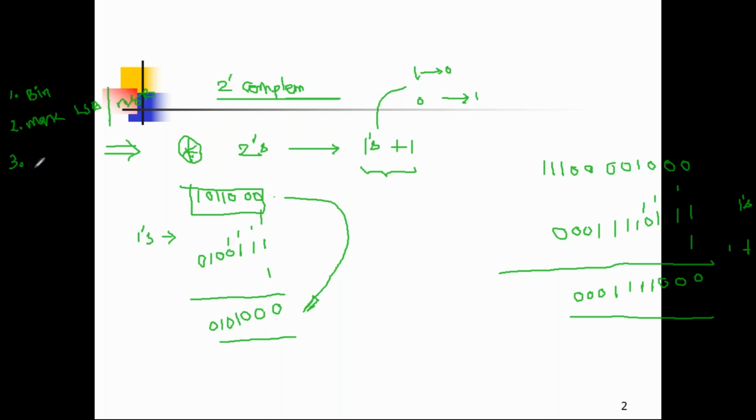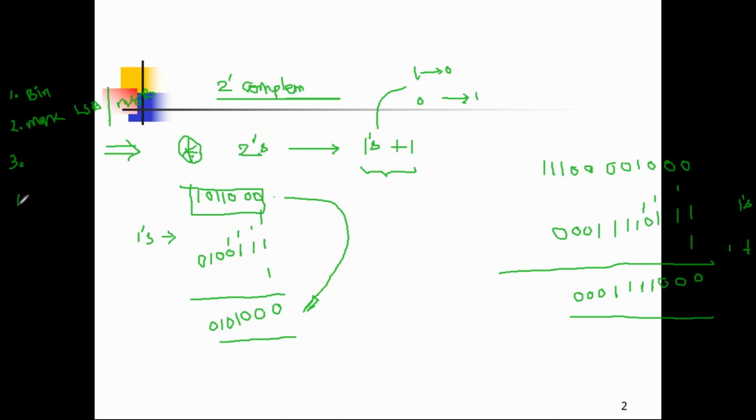Third step, copy the bits as it is from LSB to MSB, until the first 1 occurs. Till that, you copy as it is. At the time of doing one example, you can easily understand this.